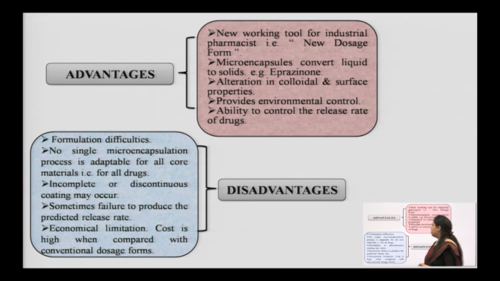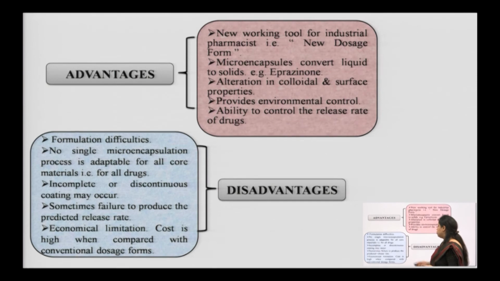Incomplete or discontinuous coating may occur. We said that a uniform layer of polymer is coated onto the core material, but sometimes inadequate or improper coating may occur during the manufacturing process. Of course, this may be due to error in handling or error in process. So, if we modify or develop alternate approaches, we can overcome this difficulty.